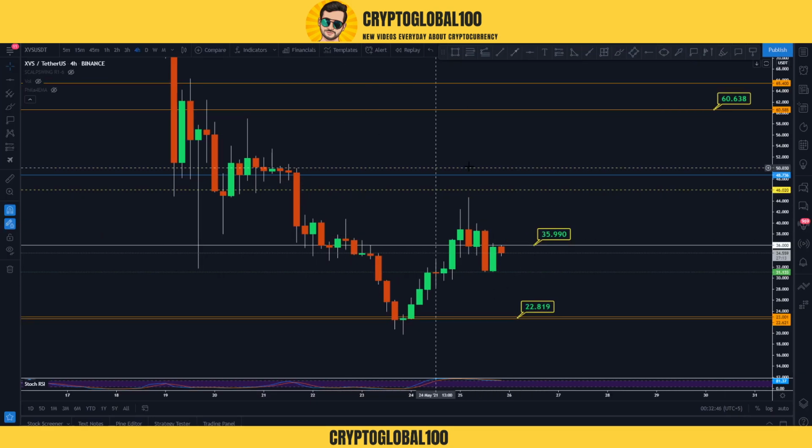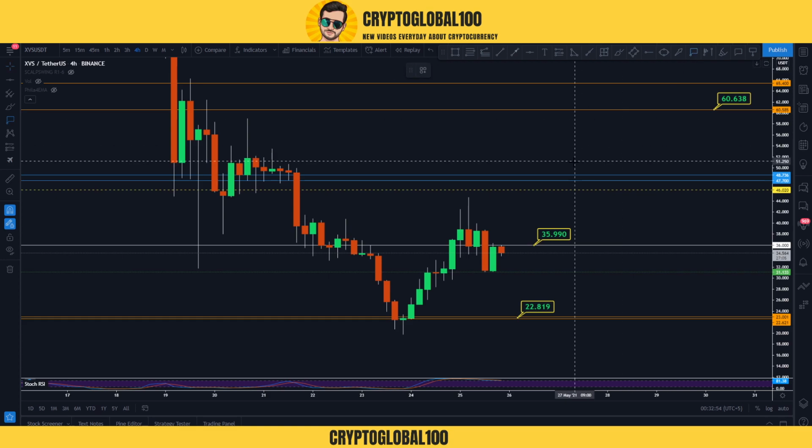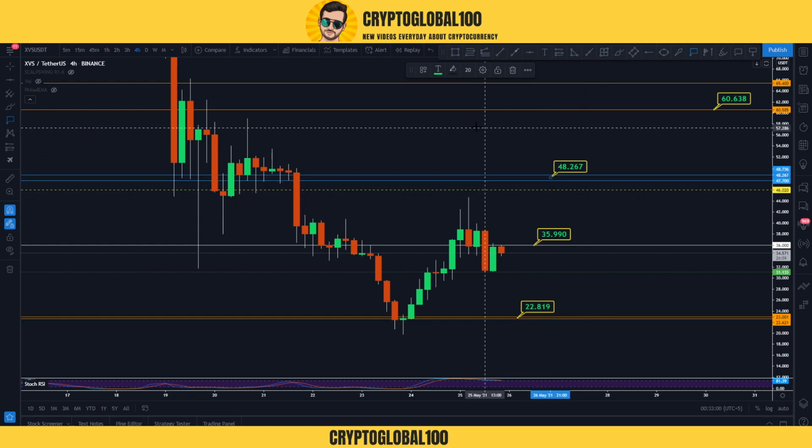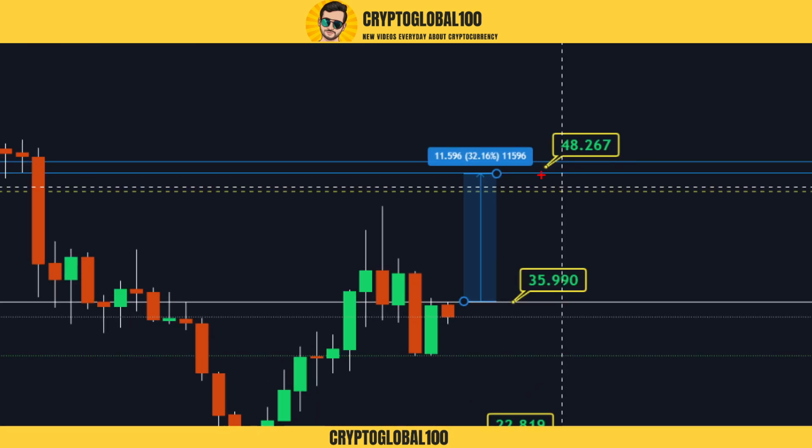So what I think is, if the candle closes above this area, the take profit would be around this area, and I'm also going to draw another zone here. Yeah, this one is also a good zone. So the take profit would be somewhere around $47 to $48. If the candle closes above this level, we can have a perfect take profit of 32% here.